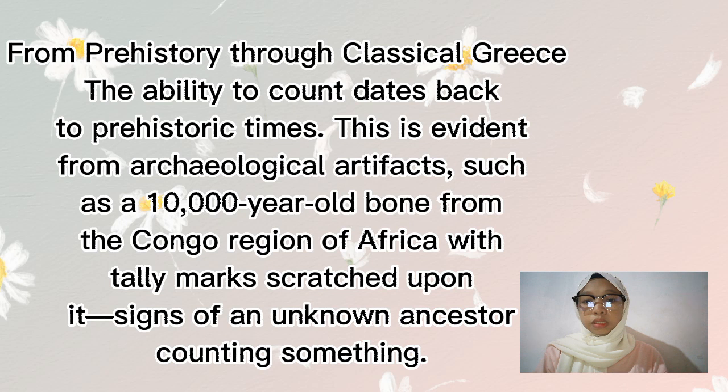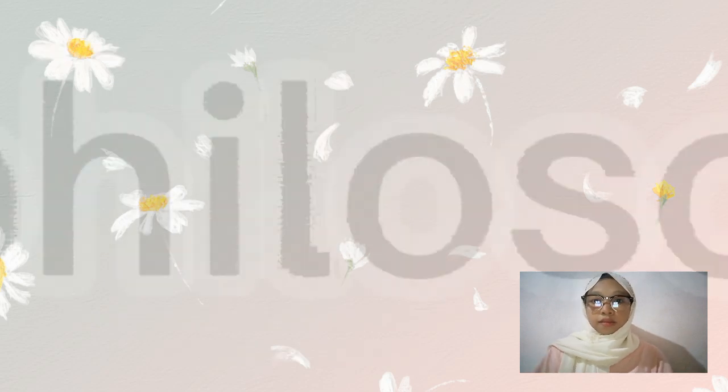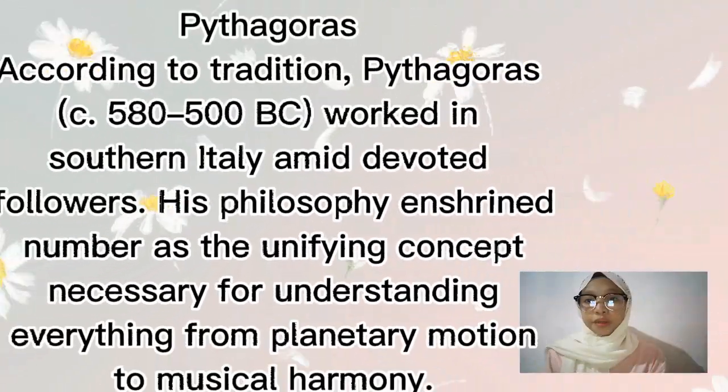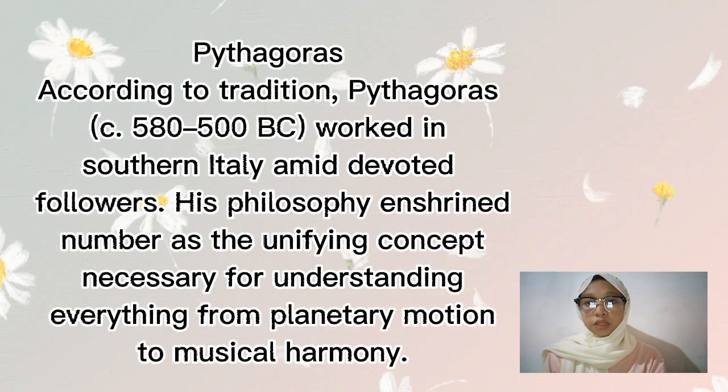For this, as with so much of theoretical mathematics, one must look to the classical Greeks, whose groundbreaking achievements display an odd fusion of the mystical tendencies of the Pythagoreans and the sober logic of Euclid's Elements in 300 BC. According to tradition, Pythagoras, 580 to 500 BC, worked in southern Italy amid devoted followers.